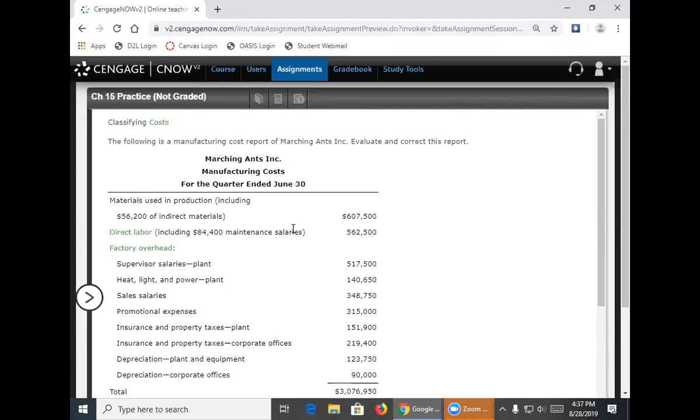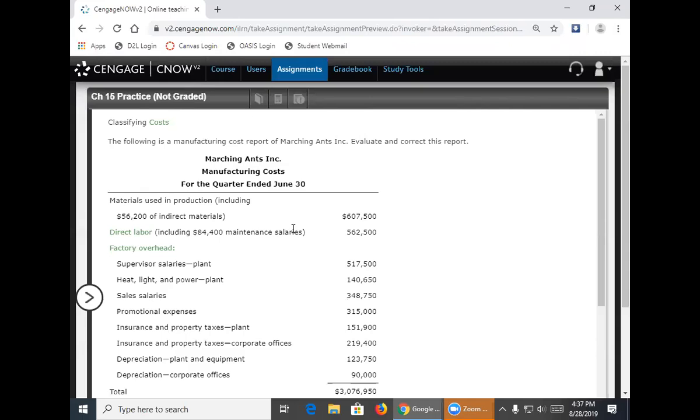On materials, we want to separate out direct and indirect materials. Direct materials are classified as direct materials, and indirect materials should be under factory overhead. Same with labor: direct labor would not include those maintenance salaries. Those would be indirect labor under overhead.